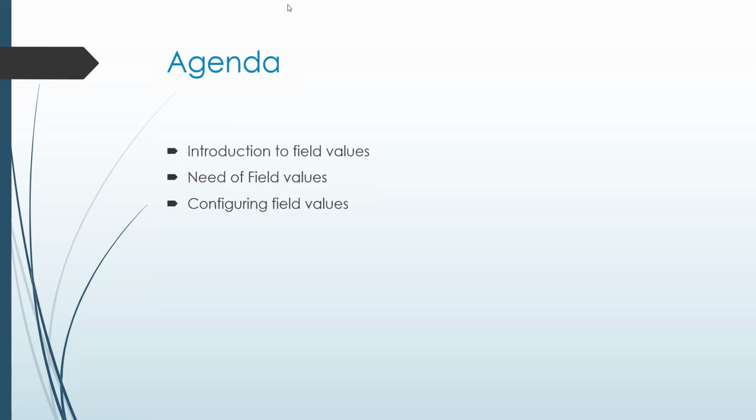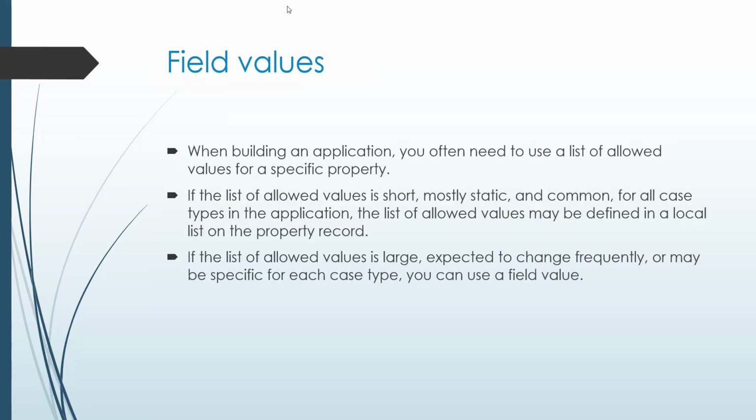Generally, we would put it as a local list directly on the property level, so that I can directly make changes on the property. But if I have around 200 countries to be listed, is it practical to list all 200 on the property?